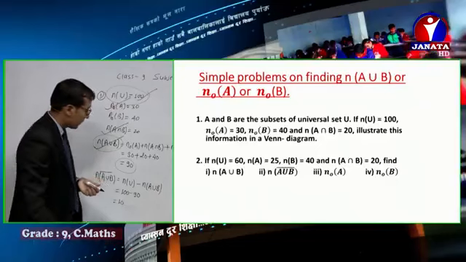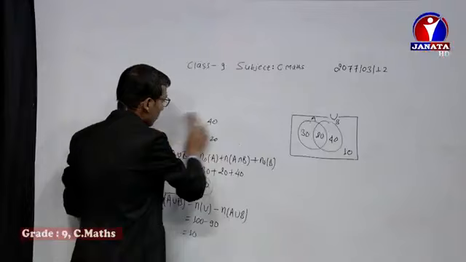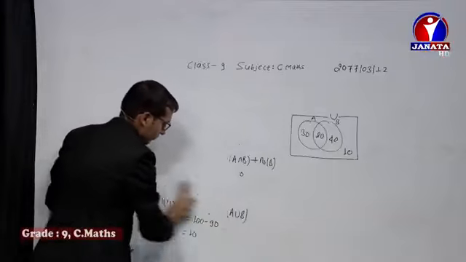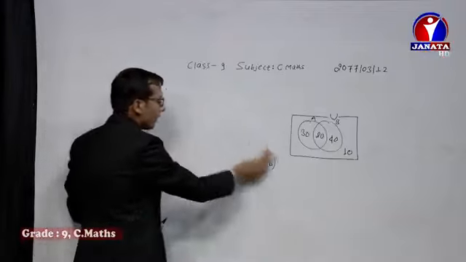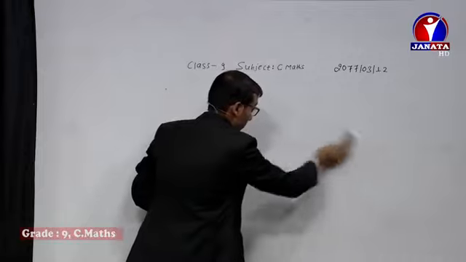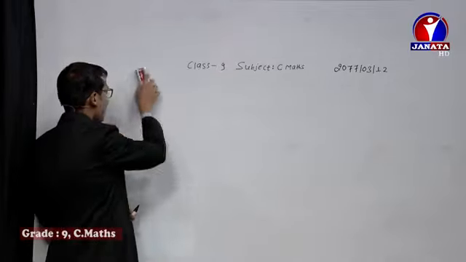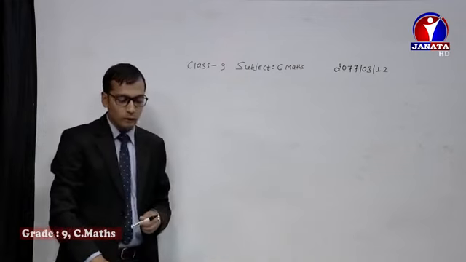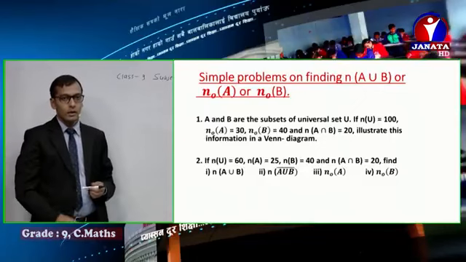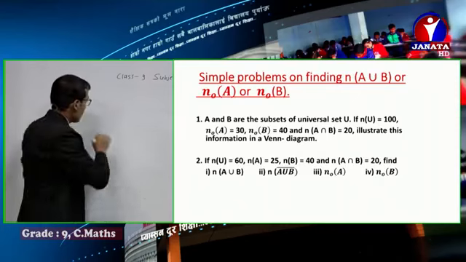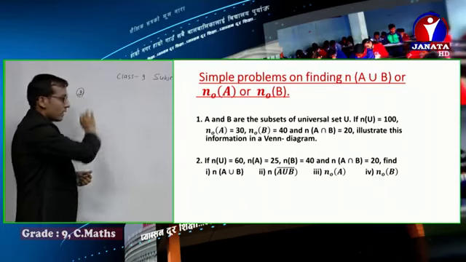Question number 2. This is also a basic question. So I am starting from simple questions based on two sets, and in grade 9 we will be discussing only questions based on two sets. So question number 2, let's write the question.